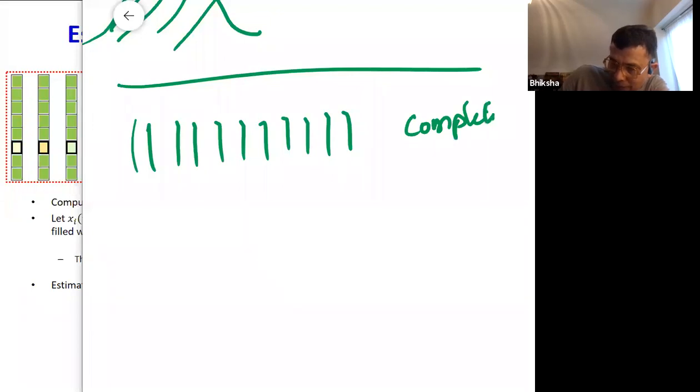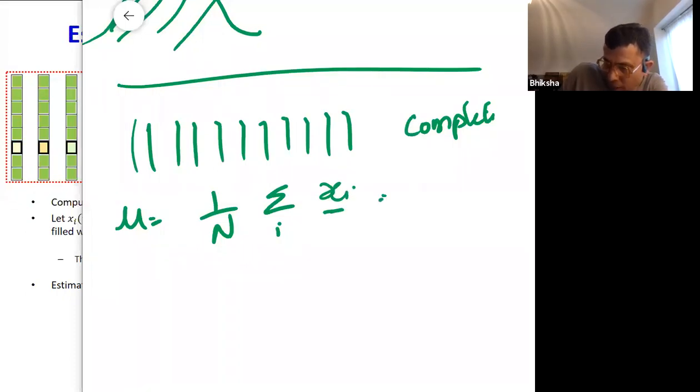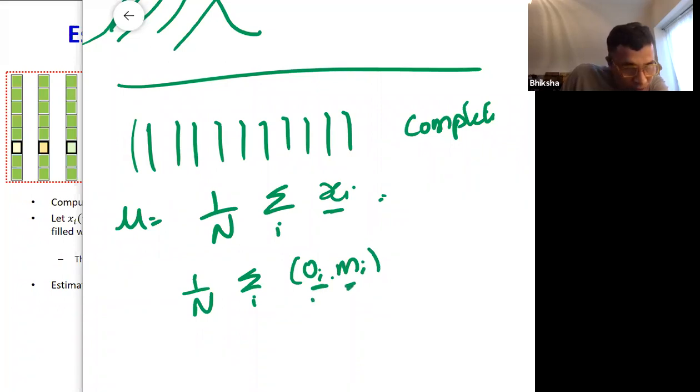So I can estimate my mean as 1 over n summation over i of the complete data, which is to say 1 over n summation over i of o_i and m_i, because these are the observed components and this is the filled-in missing component, right?